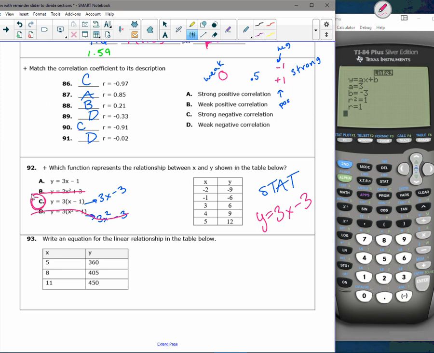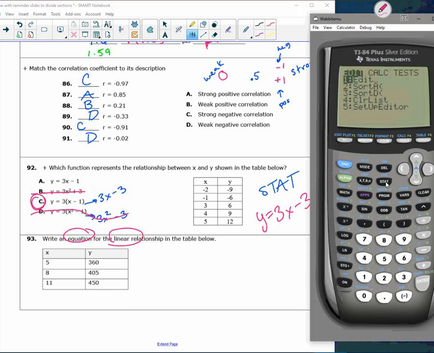Last question, you're finally there. Write an equation for the linear relationship in the table below. Okay, so again, I'm looking for an equation. Ooh, and they even tell me it's linear, so that means I only need 4 at my stat calc menu. All right, stat, enter, clear these out.